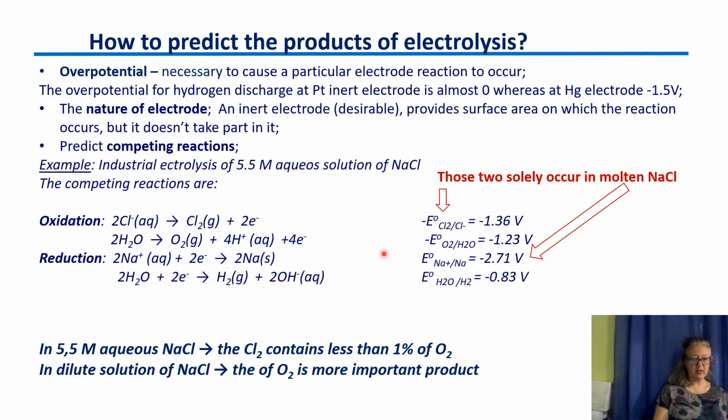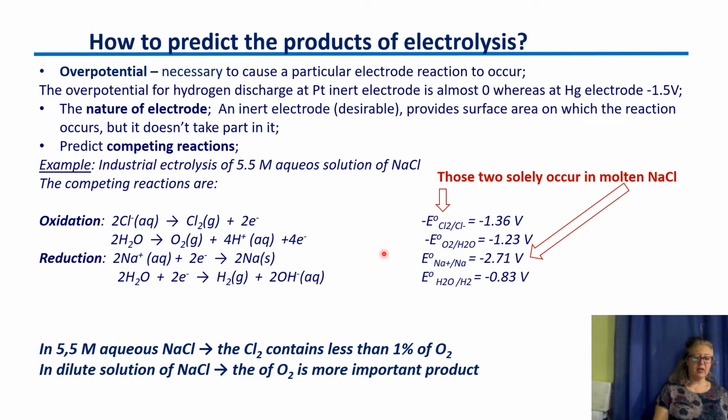The nature of the electrodes is important when predicting electrolysis. Inert electrodes are desirable. The platinum inert electrode provides the surface area on which an electrolytic half reaction occurs, but it doesn't take part in them itself. Moreover, competing reactions may occur in the solutions.